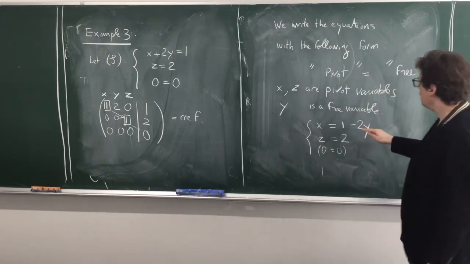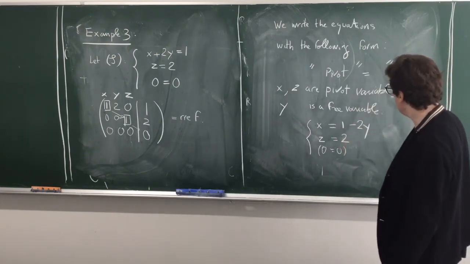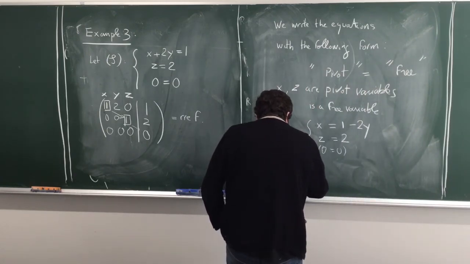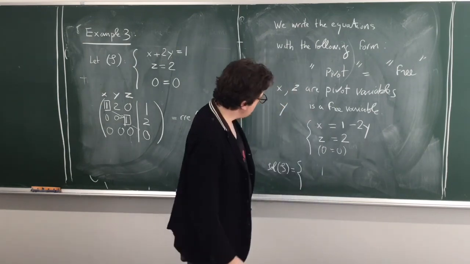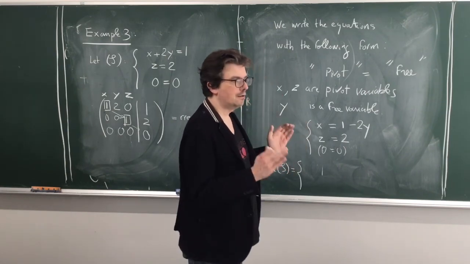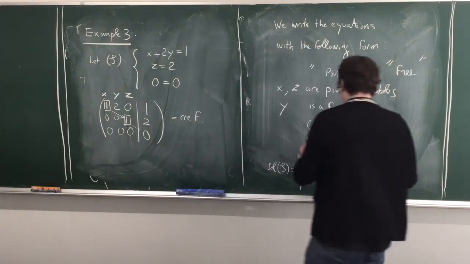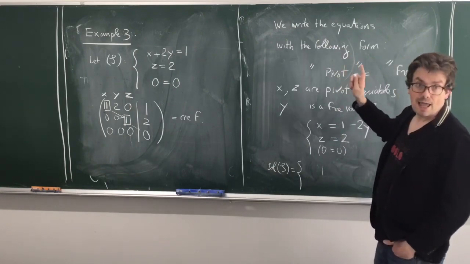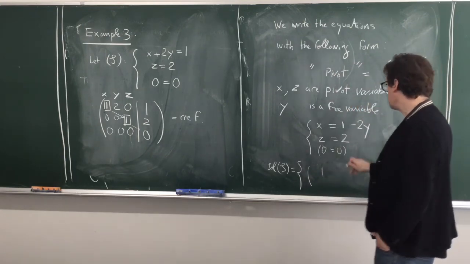Okay. Now, this is enough to calculate the set of all solutions. How do I do that? The solutions of my system S, in this case, will be a set of column vectors or row vectors, but which vectors? First of all, these vectors will have 3 coordinates, x, y, and z. Let's write it as a row vector.